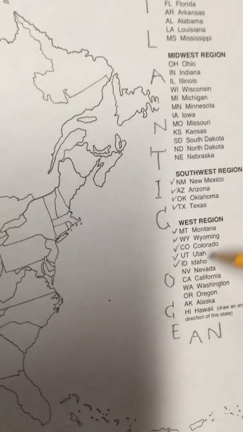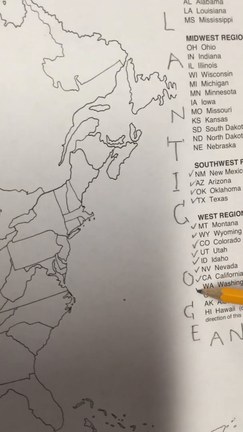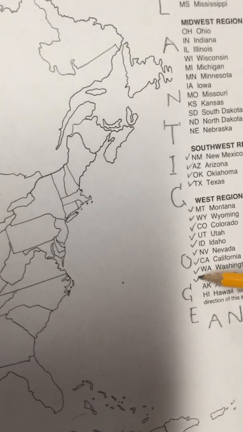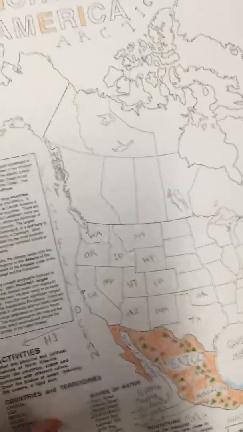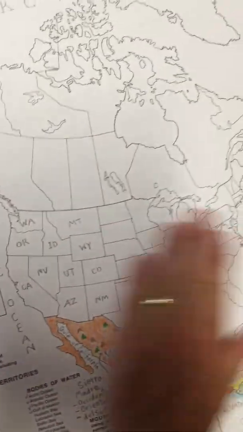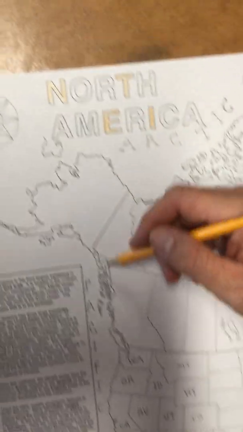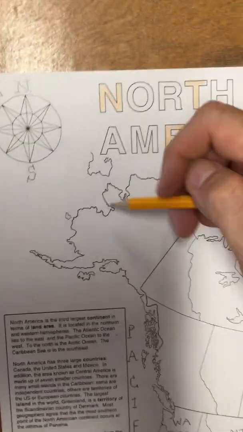Idaho, Nevada, California, Washington, Oregon. Oh, Alaska. We haven't done Alaska. Now, Alaska, similar to Hawaii, is separate from these 48 states down here. So we have way up north of Canada, we have Alaska.